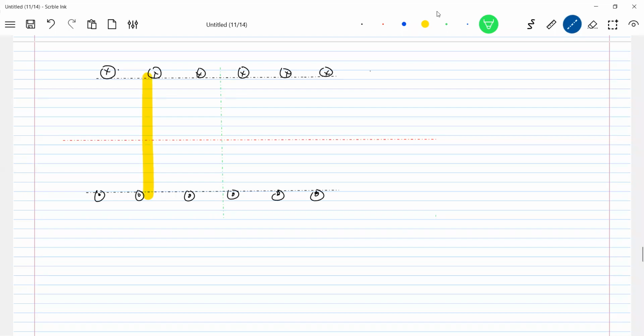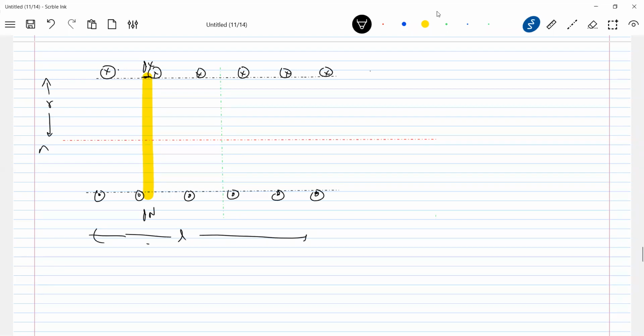Let this length be equal to dx. This length dx will contain dn number of turns. Let this be the radius, capital R, of the solenoid. This is the axis of the solenoid.